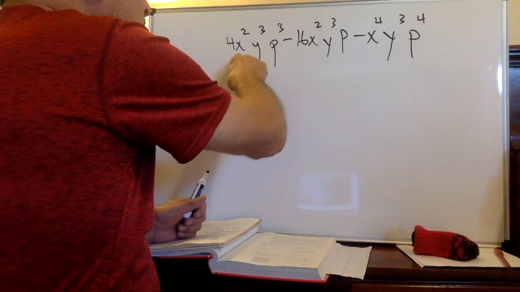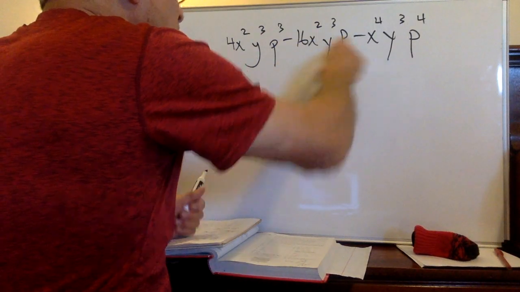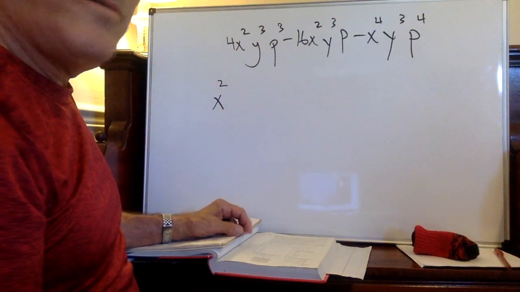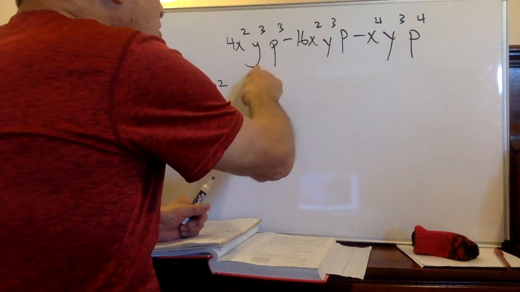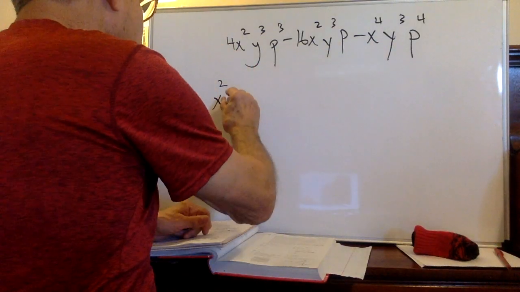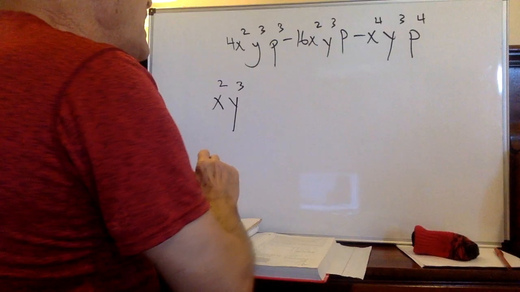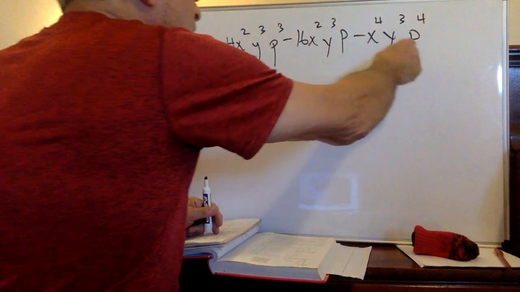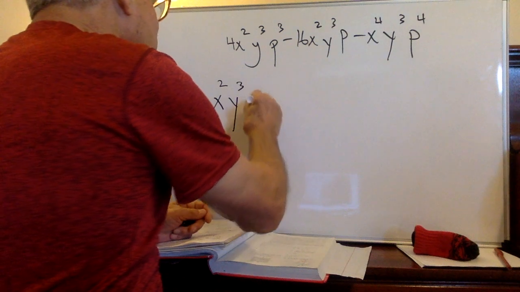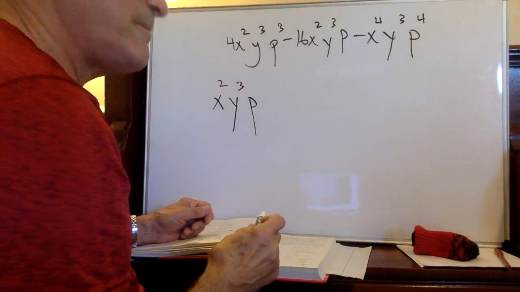I have an x squared and an x to the 4th, so I can bring out an x squared. I have a y cubed, and a y cubed. I can bring out a y cubed. I have a p cubed, a p, and a p to the fourth. The factor common to all of them, the highest factor, is p to the first, or just p.